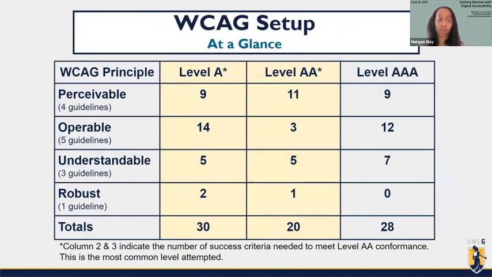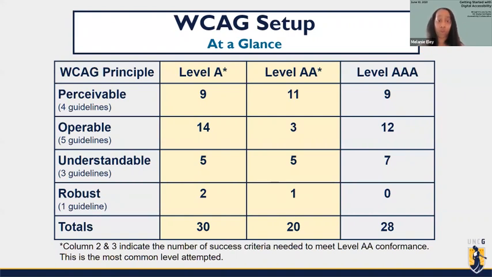All right, so moving on, taking a look at how WCAG is set up as it relates to the core principles and the success criteria. Here I've got a chart or a table. There are four columns total. The first column shows the specific WCAG principle and outlines the number of guidelines that exist within each principle.